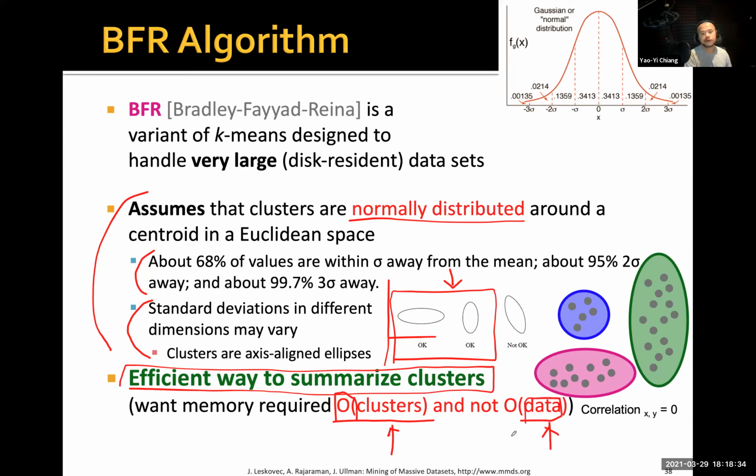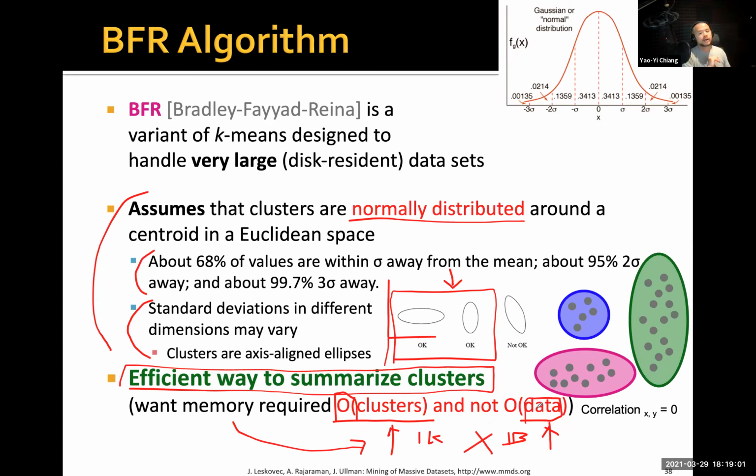So for example, you can have 1 billion data points and 1,000 clusters. And your memory consumption depends on the number of clusters you have, not the number of data points you have. This is very good, right? Even if you have lots of data set, you still have smaller number of clusters, and you'll be able to do this all in memory.